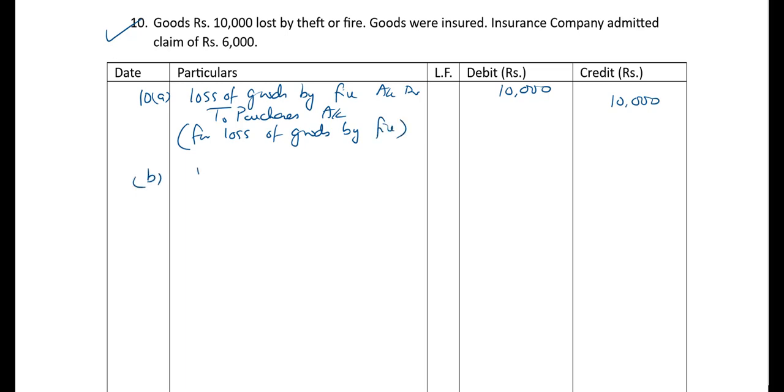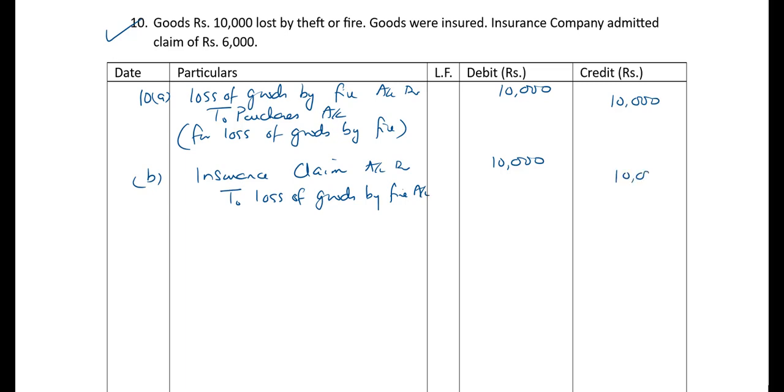The next entry is insurance claim account debit 10,000 to loss of goods by fire, 10,000, goods insured.